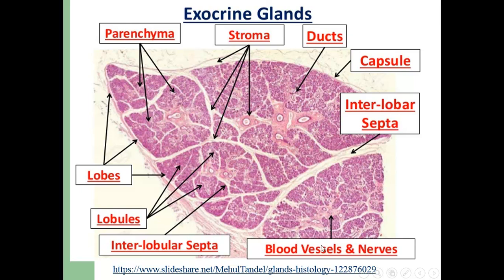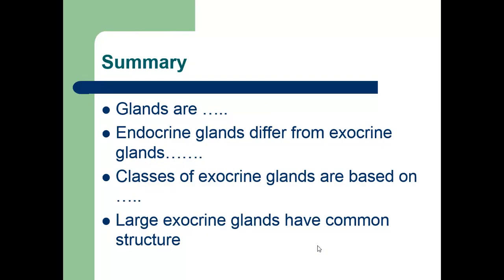Here we are talking about exocrine glands. If we are talking about endocrine glands, we will see a lot of blood vessels because they have no ducts, but exocrine glands have ducts and they get blood supply just to supply them.